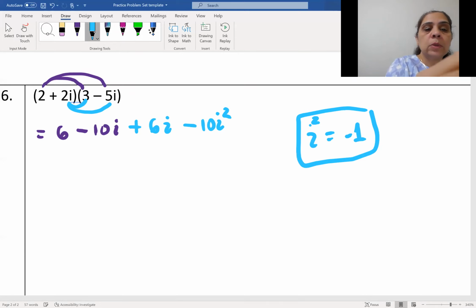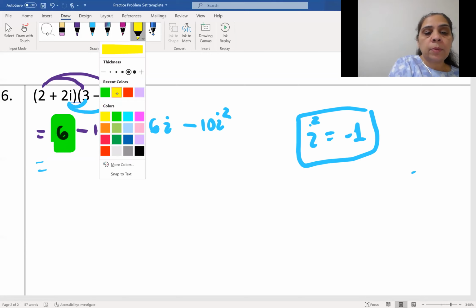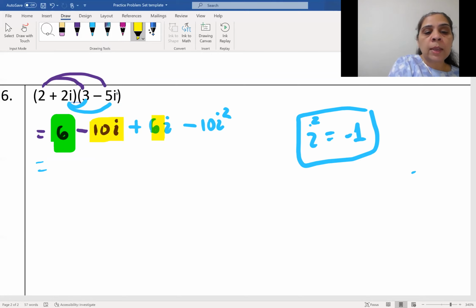Now we can combine like terms. Step 1 is to distribute, and second step is to combine like terms. We have just a number here and an i term here. We can combine those two, and instead of i squared we write negative 1.